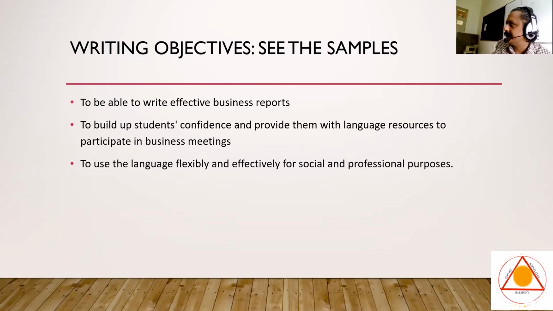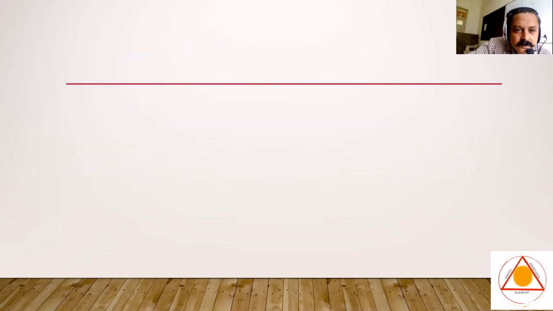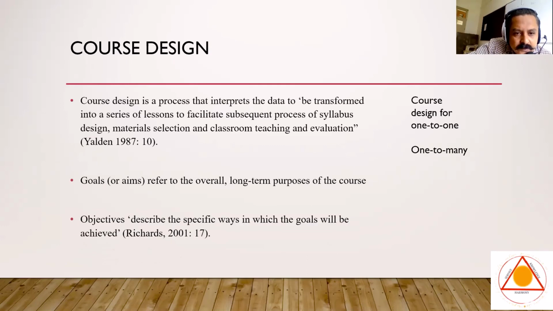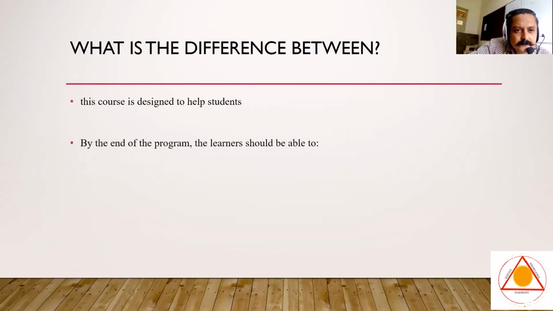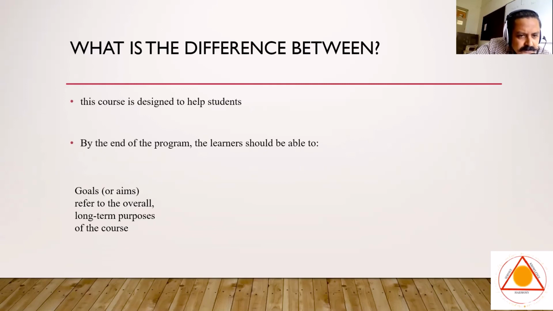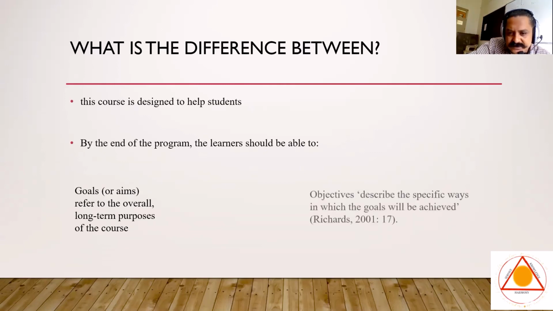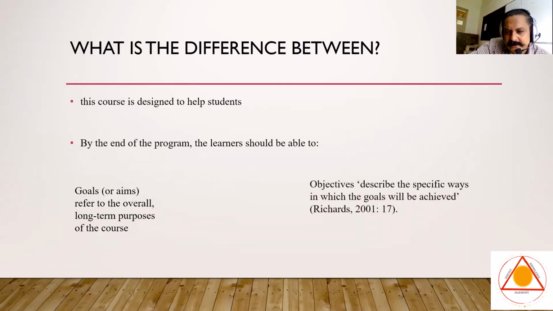Okay, let's look at the definition of objectives. Yes. The goal is referring to the overall long-term purposes of the course, and the objective is specific ways in which goals will be achieved, right?